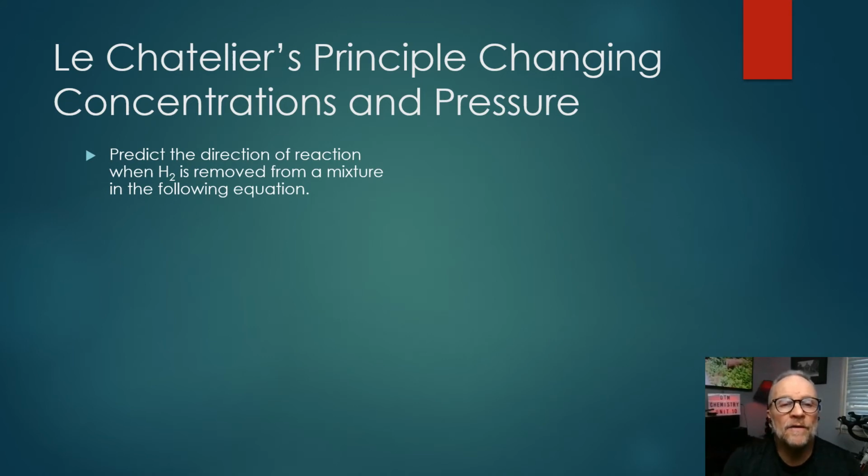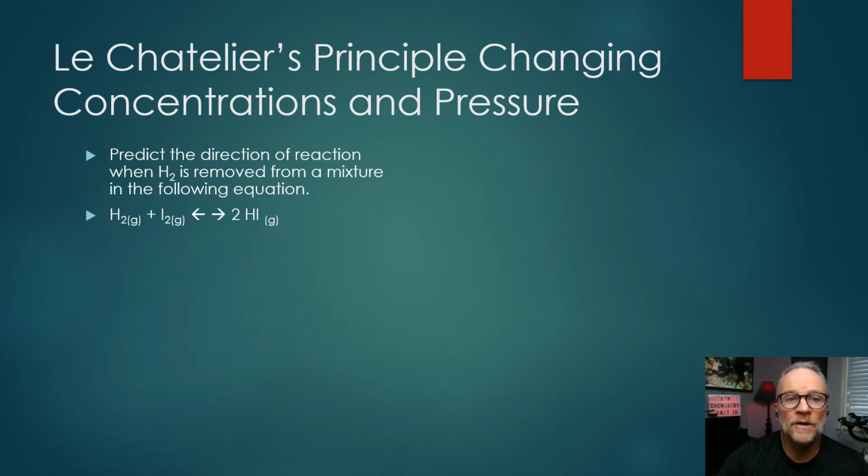It says predict the direction of a reaction when H2 is removed from a mixture in the following equation. So let's predict that for a second. If we remove H2, what's going to happen to the reaction?